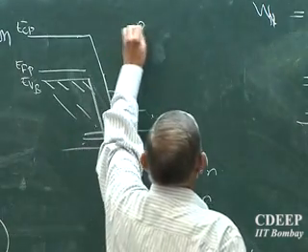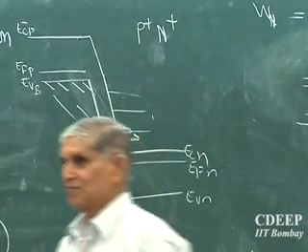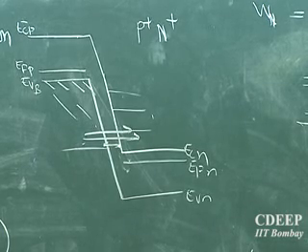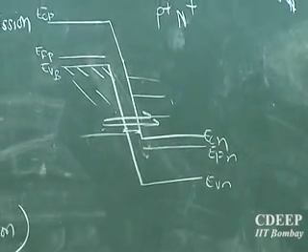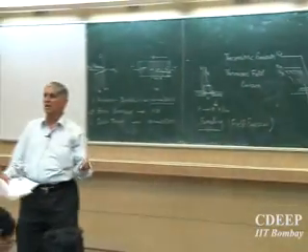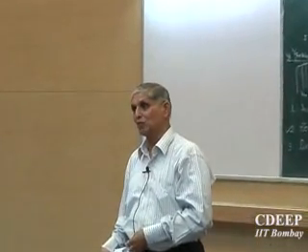Now how can it occur? When you have P plus N plus junctions. If you have a P plus N plus junction, what is the built-in voltage, larger or smaller? If dopings are higher, kT/q ln(NA ND/ni squared). The larger the doping on both sides, the larger is the built-in voltage and the larger is the built-in electric field.